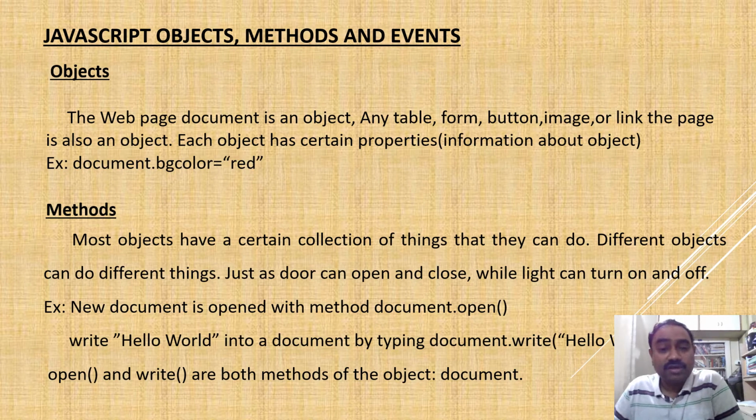Write hello world into your document by typing document.write. Within parenthesis, double quotes, hello world is there. Whatever parenthesis you see, beginning and end, that indicates the method. So open and write are both methods of the object document.